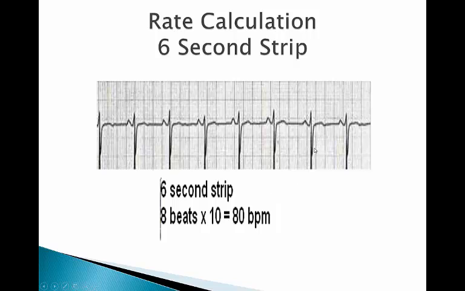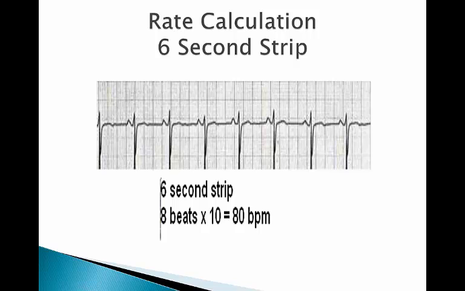All right. Like I said, any strip that I give you for testing purposes, or that you will get on NCLEX, will be considered a 6-second strip. We tell you that because that's going to determine how you figure out heart rate. It's really simple.